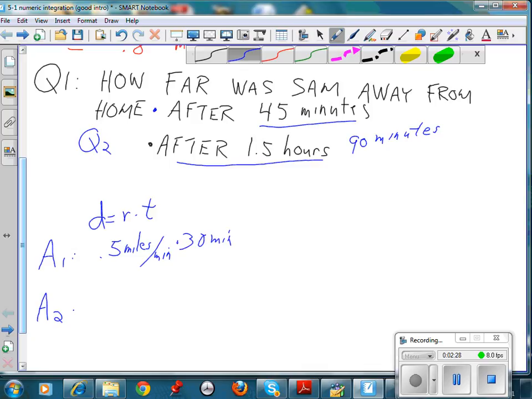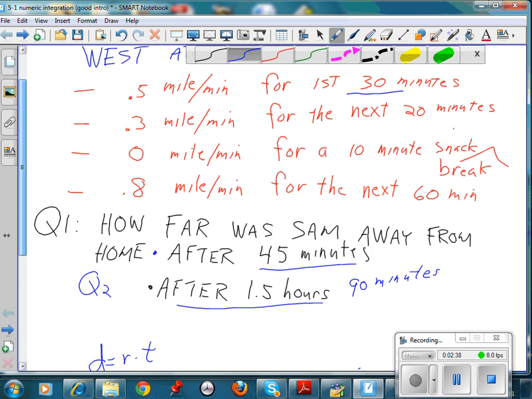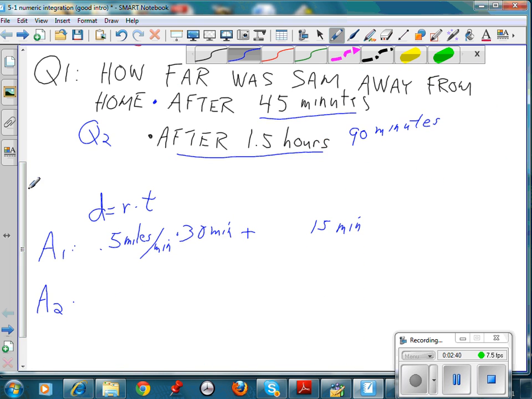Plus 15 minutes at whatever his second pace is. And what was the second pace? It was 0.3 miles per minute, times 15. You see the units cancel, we're adding up miles here.